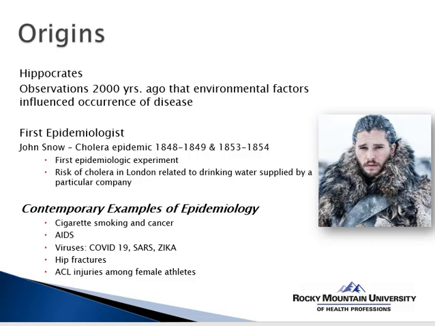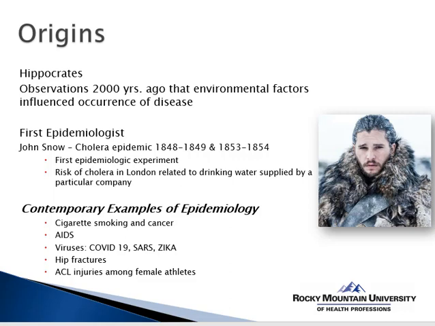So between the years of 1848 and 1849, and then again 1853 and 1854, Snow conducted the first epidemiologic experiment and was looking to see why, or maybe where, people were getting the disease from.